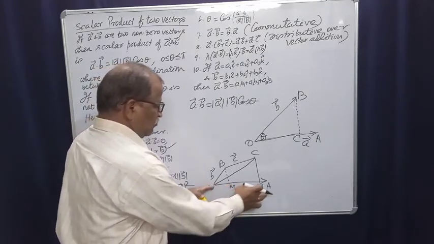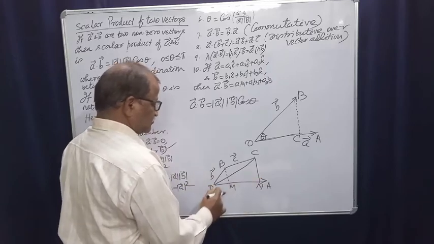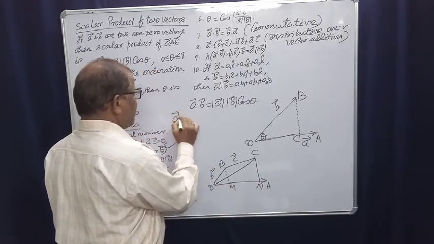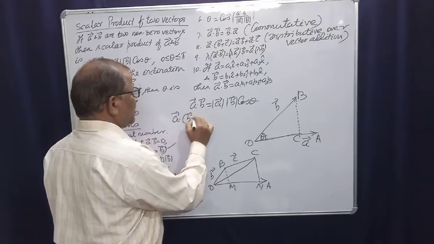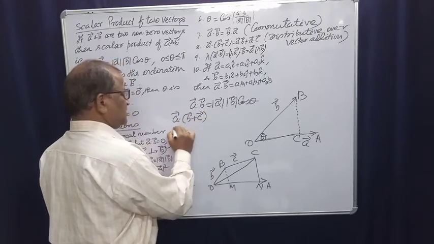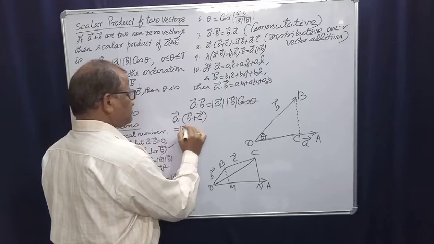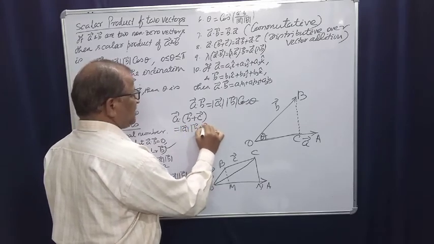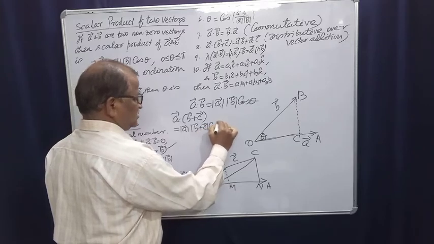You see, what is ON? Let us see. A dot B plus C is magnitude of A, magnitude of B plus C cos theta.